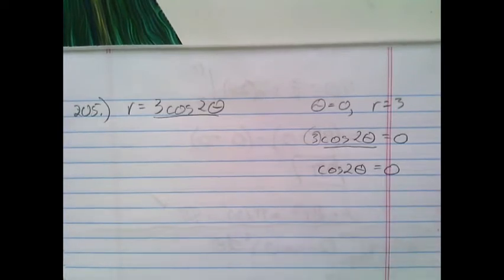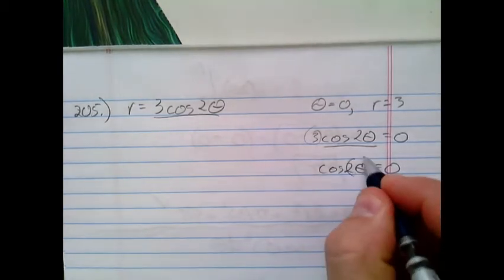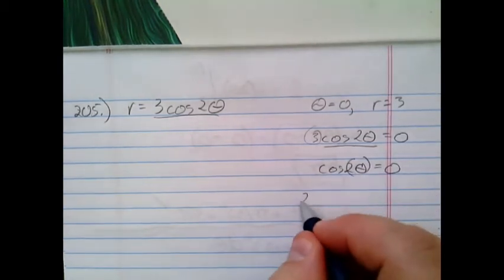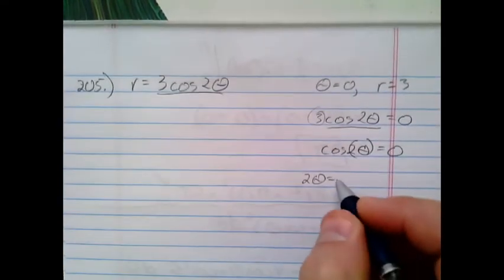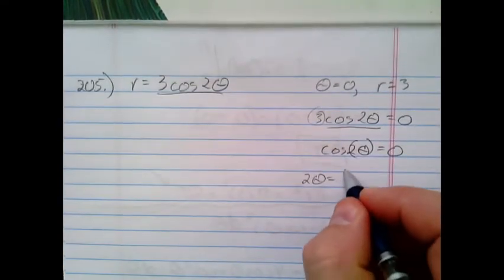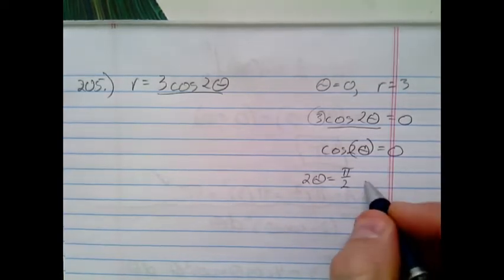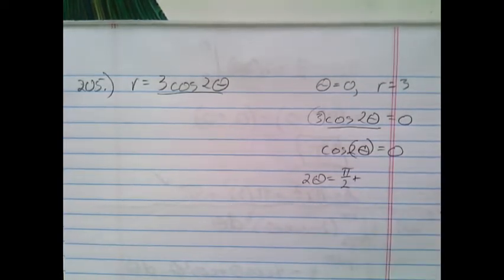And then I'm going to ask myself, when does cosine equal 0? Well, cosine equals 0 at pi over 2 and 3 pi over 2, which means that what's inside the cosine could equal pi over 2 or 3 pi over 2.